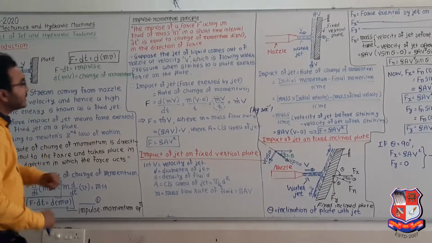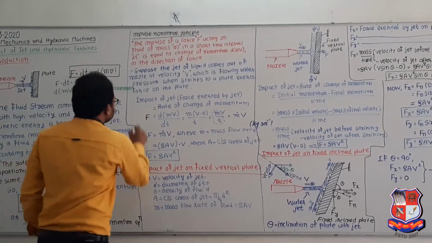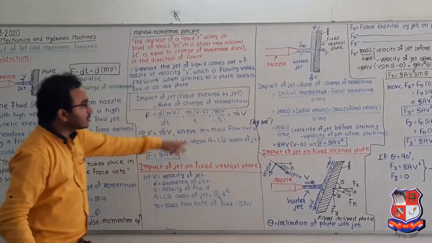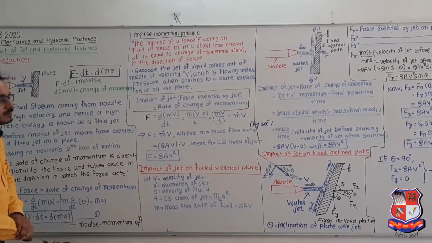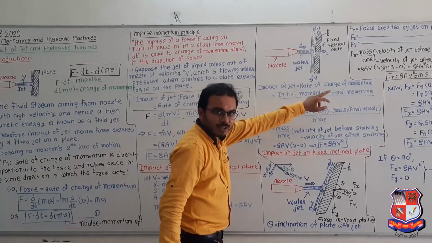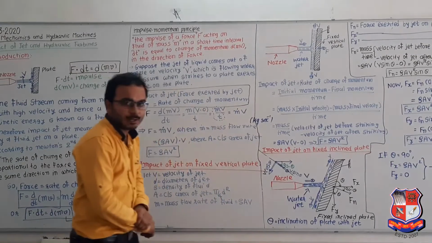Now we are going to apply the same equation which we applied here. I am talking about this equation. We are going to utilize the same equation over here, that impact of jet is equal to rate of change of momentum. Rate of change of momentum is what? Initial momentum minus final momentum divided by time.